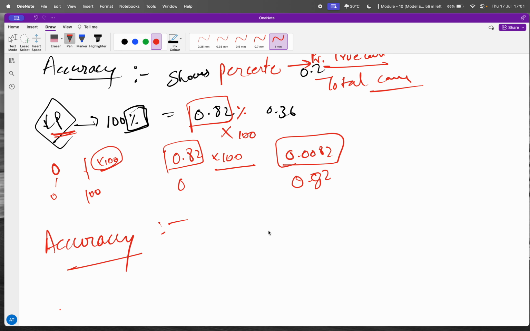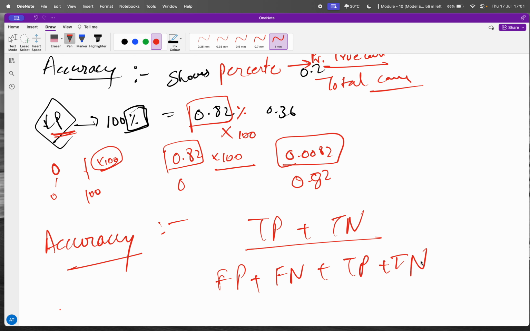That means all cases. The numerator means the predicted true cases, how the model has predicted, right? Are you getting the point?